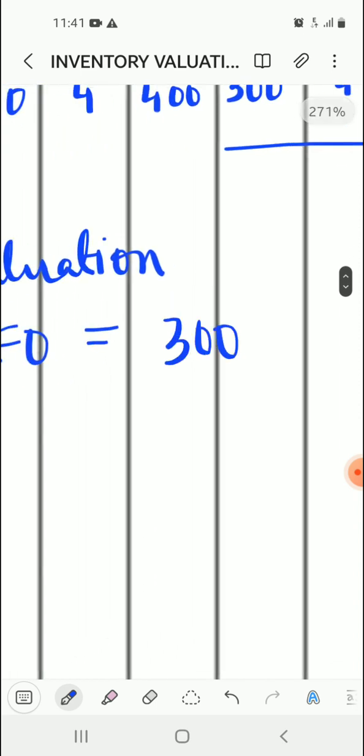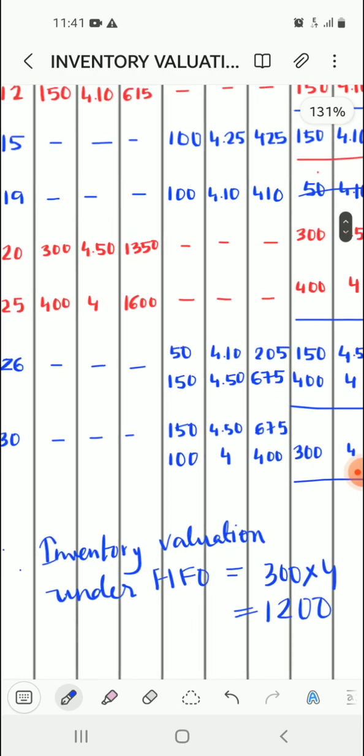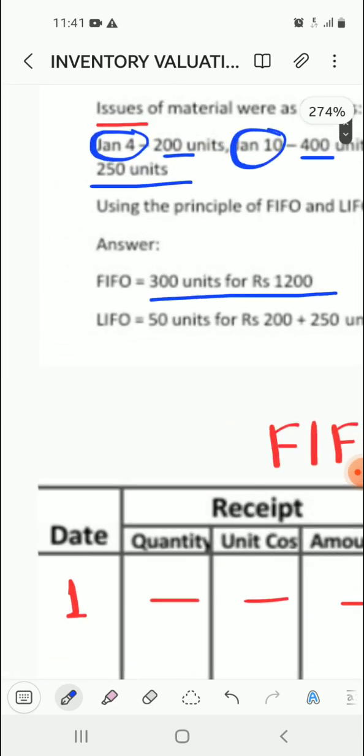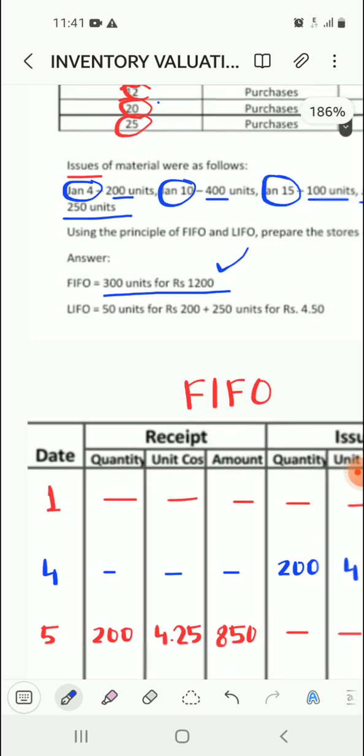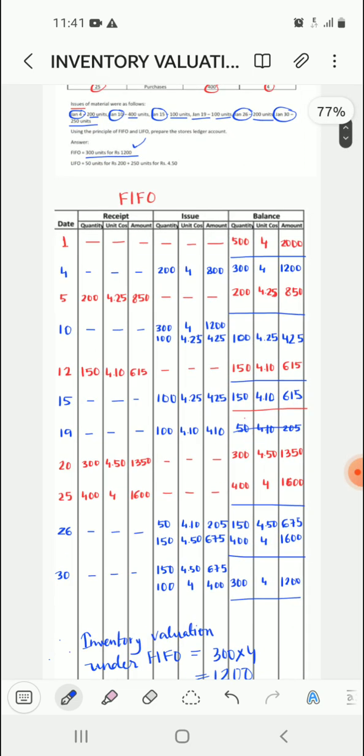So 300 units into 4, that is 1200. You see, answer already given, 300 units for rupees 1200. So we are done with it. In the next video, we are going to solve the same sum using LIFO method.